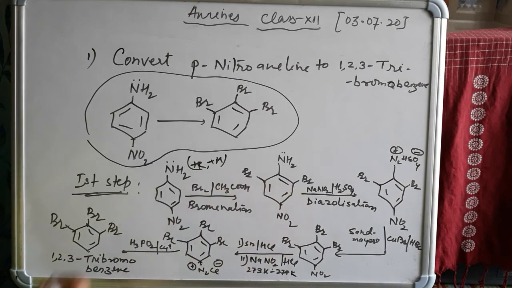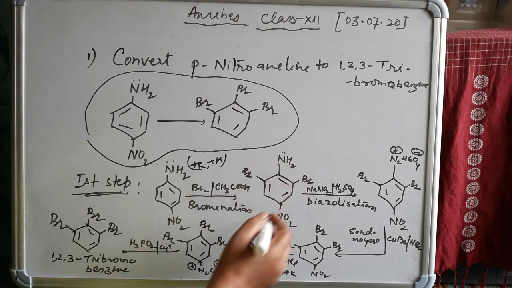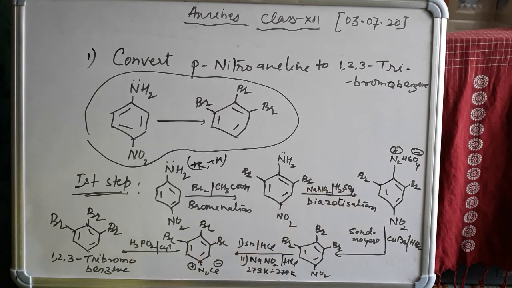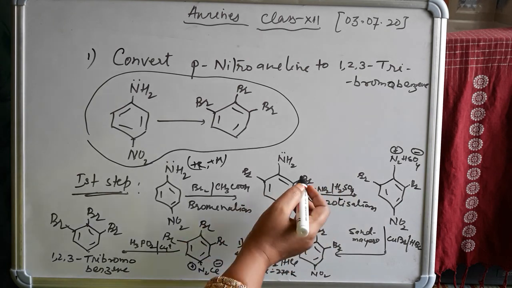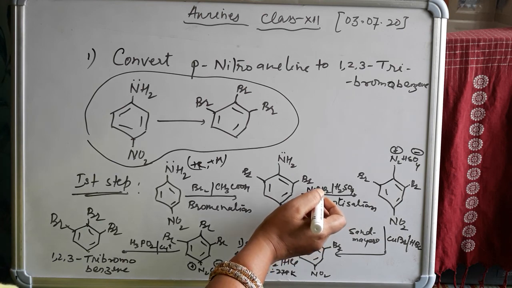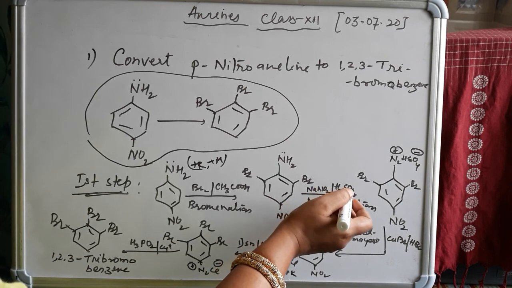So the ortho positions get substituted with bromine, and after that diazotization takes place.